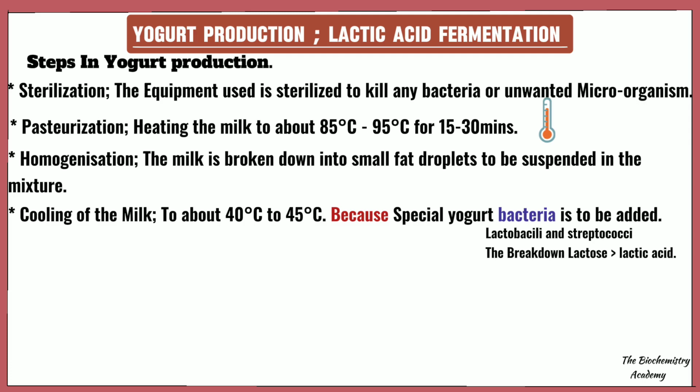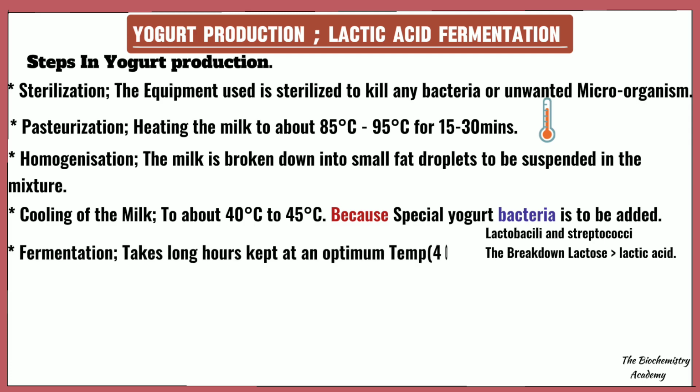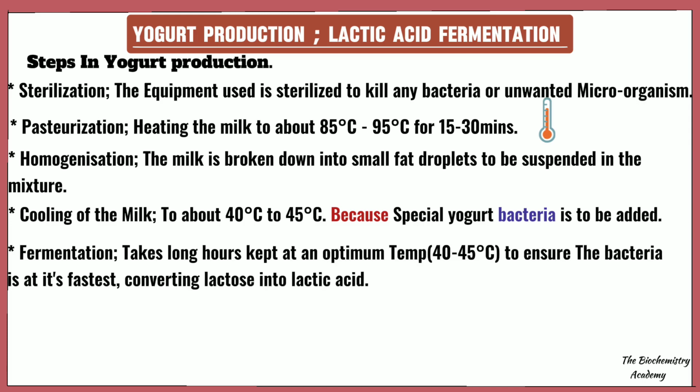After cooling, then comes fermentation. And normally, fermentation takes long hours and it is kept at an optimum temperature of 40 degrees Celsius to 45 degrees Celsius. And the reason behind this is to keep the bacteria at its fastest in converting lactose, because the sugar that is present in the milk is lactose.